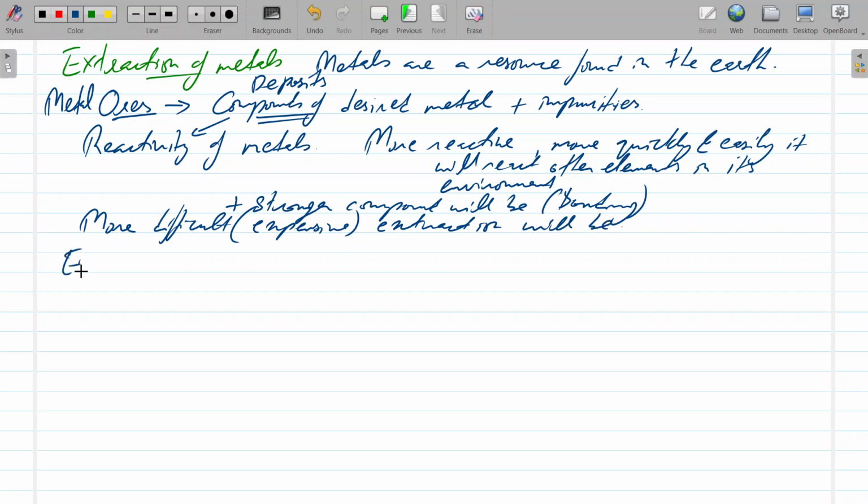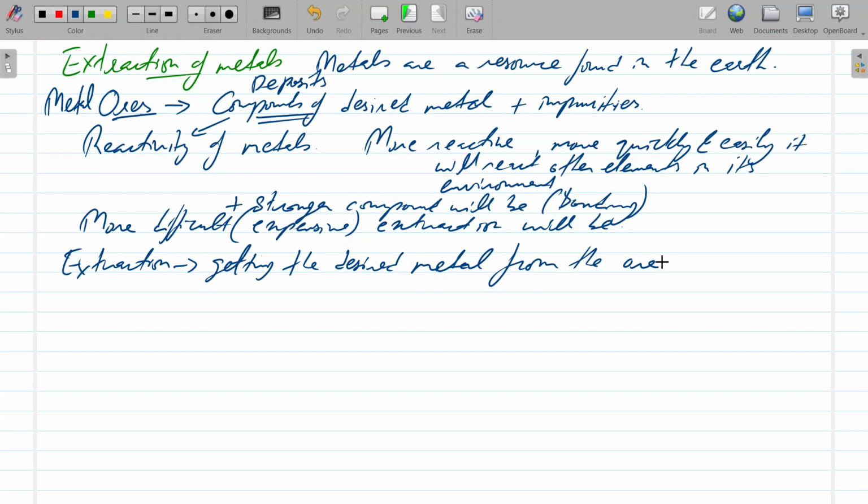Right, so extraction means getting the desired metal from the ore. And we talk about the metal only. So for example, sodium ores. Sodium is found as sodium chloride.